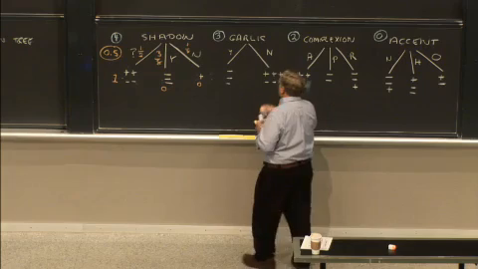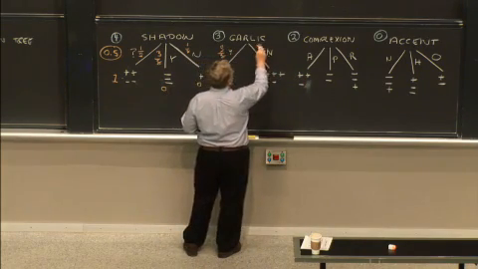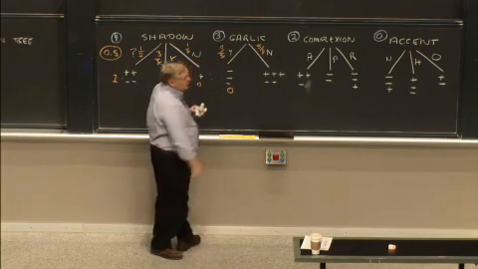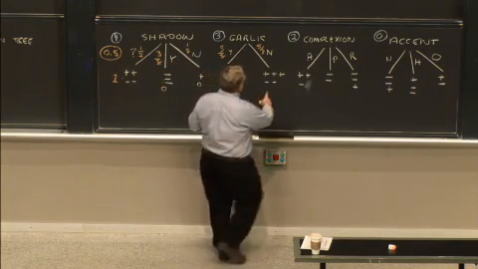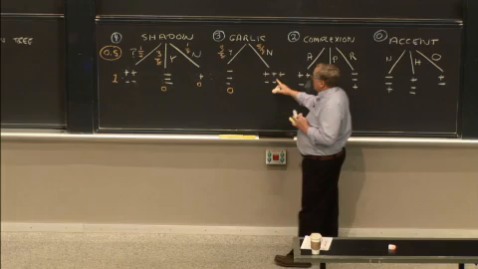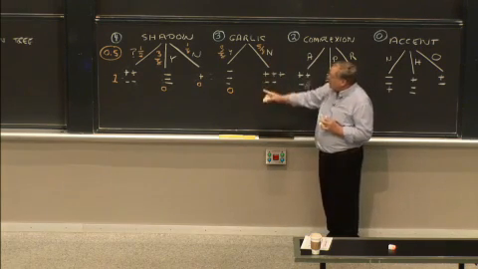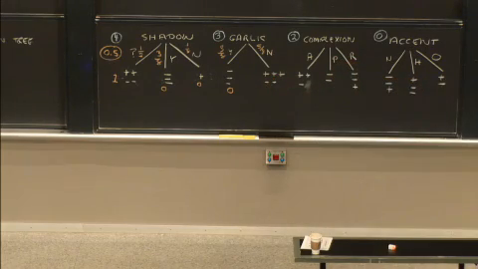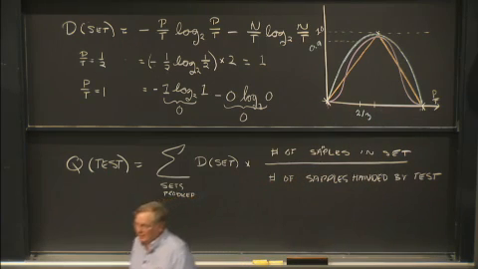Let's do this one. We have 3/8 coming down this way, 5/8 coming down this way. 3/8 is multiplied by the disorder of a set of uniform things, which is 0. This one over here is 2/5 and 3/5. If you look at the curve, you're pretty close to the middle, and that curve goes up to about 0.9 there.